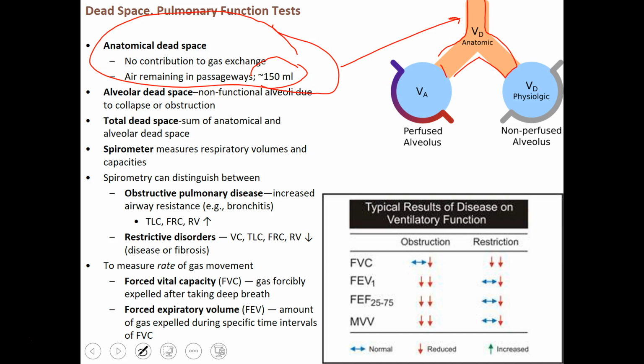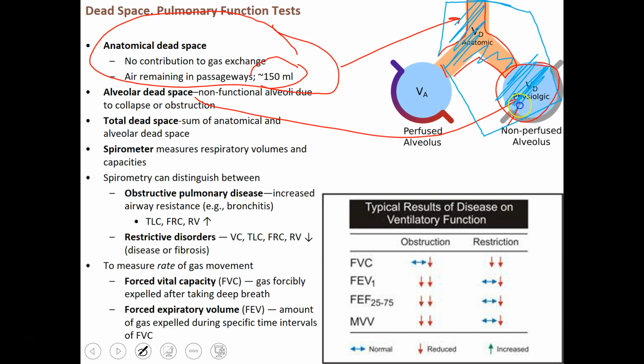And then you have alveolar dead space, alveoli that do not participate in gas exchange. Problems with the circulation, obstruction of the alveoli themselves. So altogether, this anatomical dead space and alveolar dead space, they comprise total dead space.